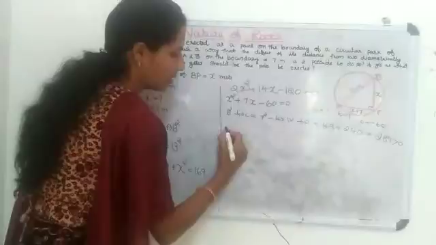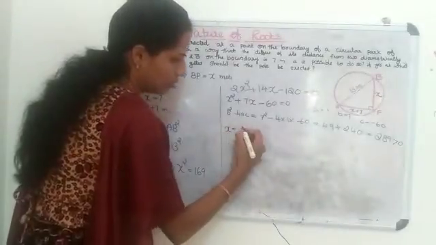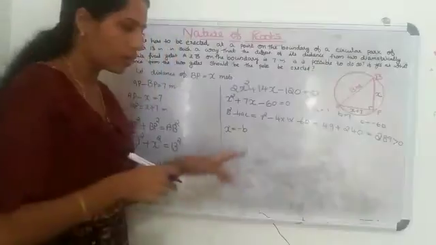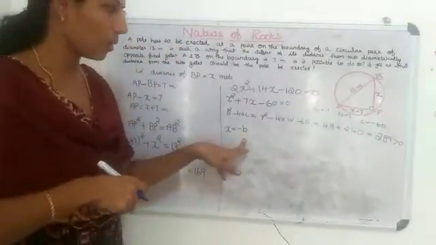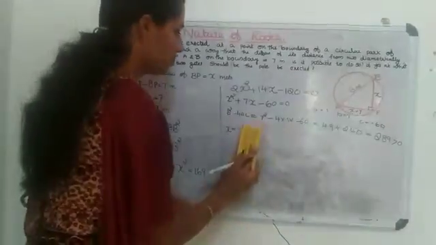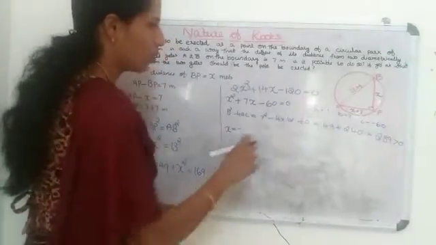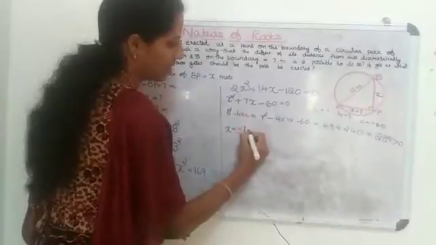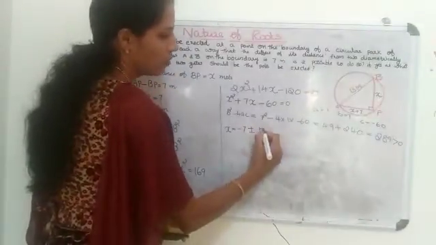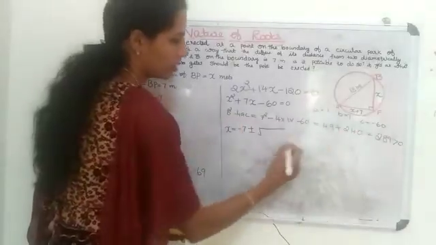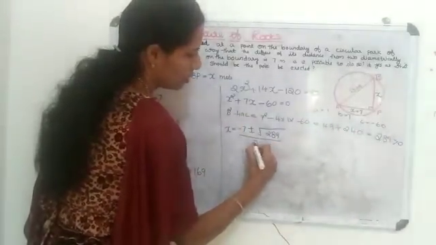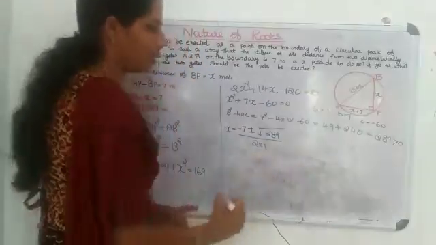So we can find x equal to minus b. I'm going to apply directly, I'm not writing the equation. So minus b, minus 7, plus or minus square root of b square minus 4ac, we found it is 289, divided by 2 into 1.